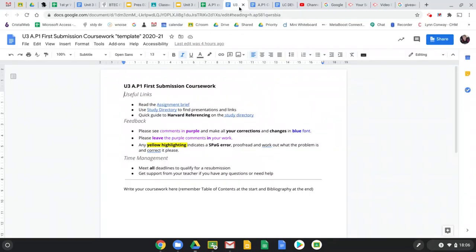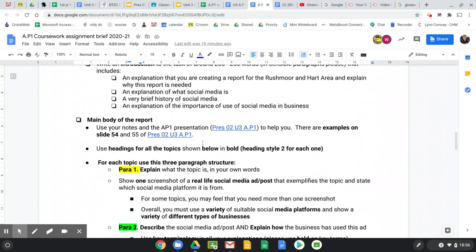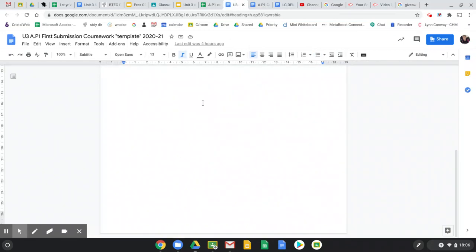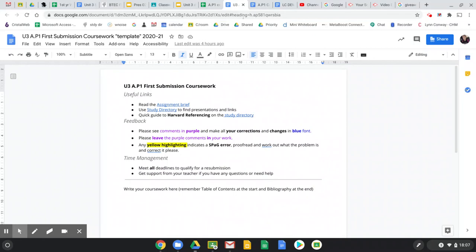And again, you're going to write that in your coursework document, and you're going to follow the 3 paragraphs to write that topic as well. And you'll find your screenshots, which you're going to be talking about. So find a good one, and I suggest you do an image search and look for something that's happened on Twitter. So you're going to write that in your coursework document underneath the correct headings.